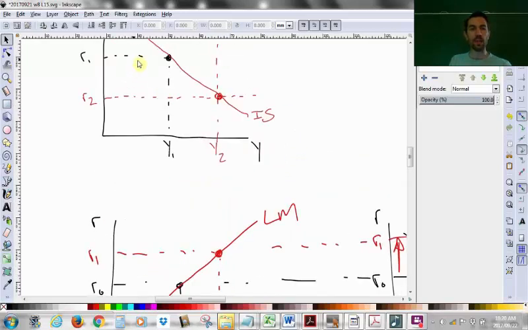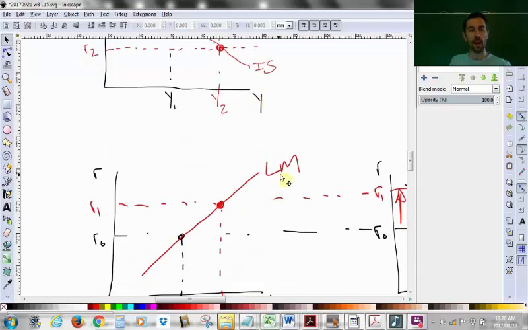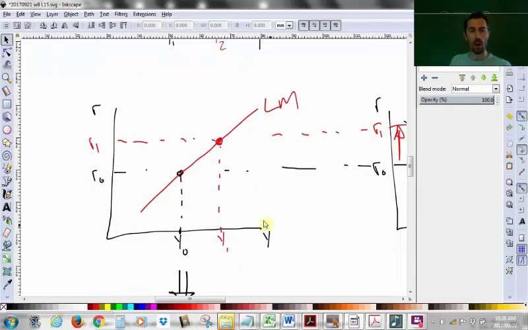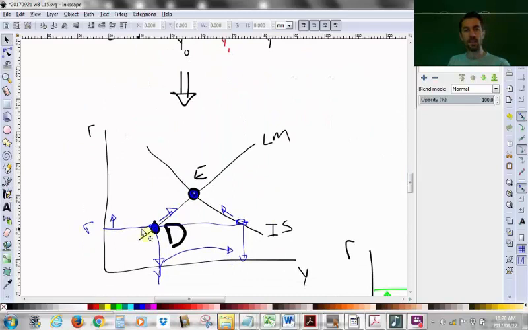And then, of course, we can combine our IS curve, which is plotted in the RY space, with our LM curve also plotted in the RY space, and we end up with an ISLM model. Right? Now remember, the IS curve gives us all the points of equilibrium in the goods market. The LM curve gives us all the points of equilibrium in the money market.